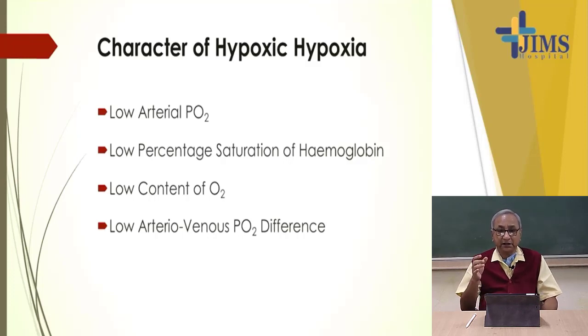That is, the arterial PO2 and the venous PO2 are almost the same. There should be a huge gap. Arterial PO2 should be very high and venous PO2 should be comparatively lower, but here it is the same.